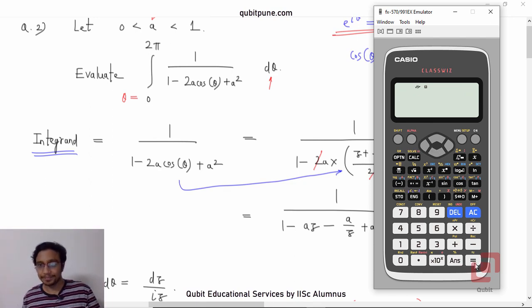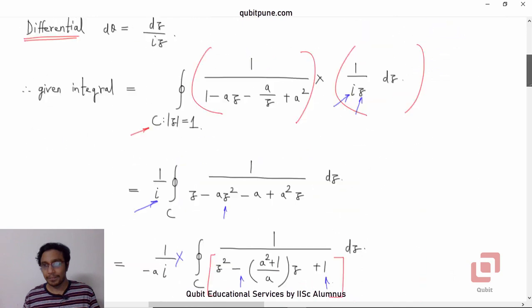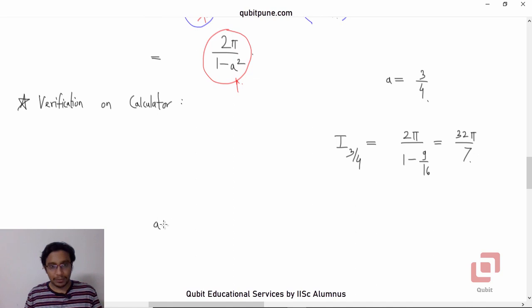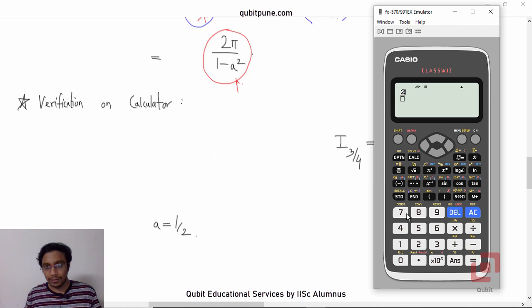Now let's calculate this. 8.377. So for a equal to 1 upon 2, what is the value? 2 pi upon 1 minus 1 by 4, 8 pi by 3, or 8.377, which matches with this value, 8.3778.